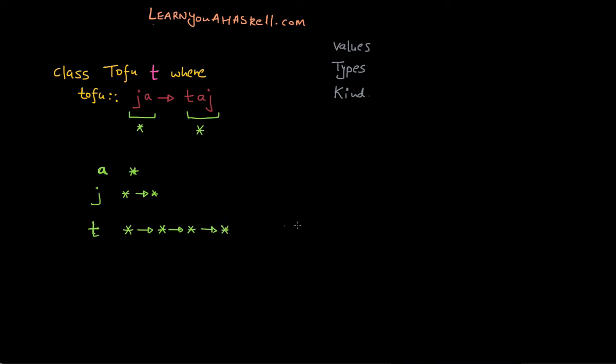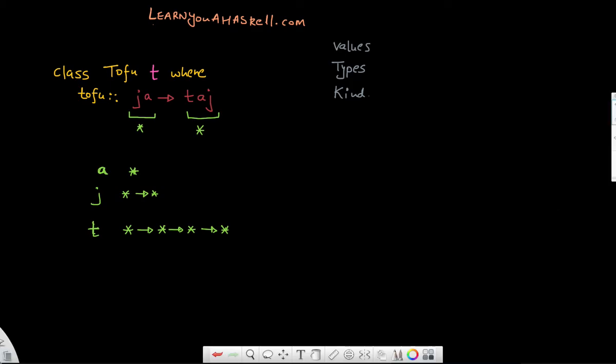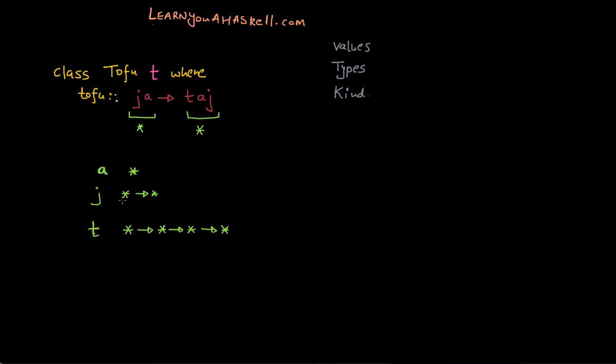Let's use color notation here to clarify this. This first star is what my a is. This entire piece is what my j is. And this is the output you get back after applying a and j to my type constructor t.